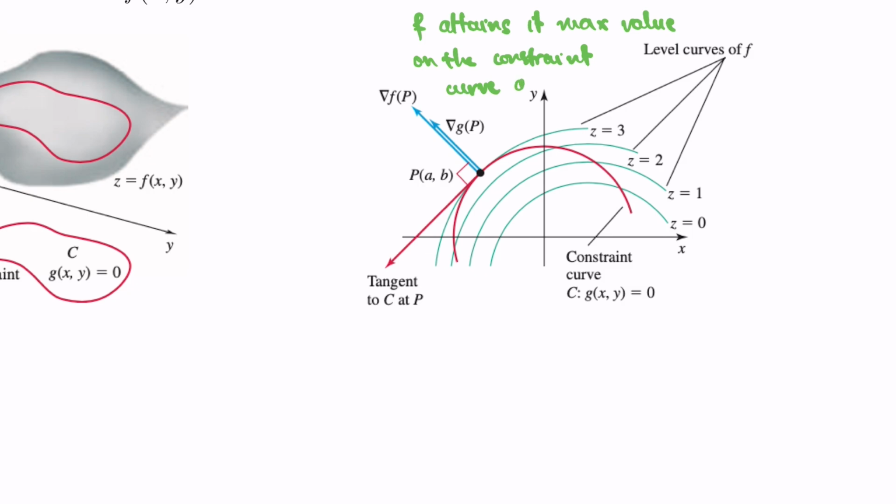And also from our discussions, we showed that two vectors, the gradient of f and the gradient of g, are both orthogonal to the line tangent to the level curve C, the curve in red, at the point a, comma b. Therefore, we can say that the gradient of f evaluated at the point a, comma b is parallel to the gradient of g evaluated at the point a, comma b.